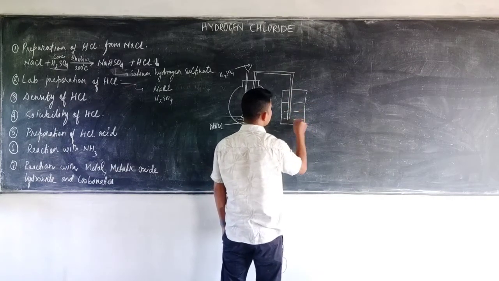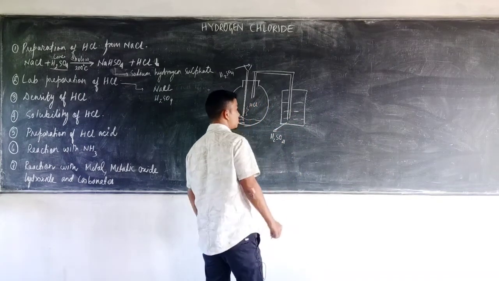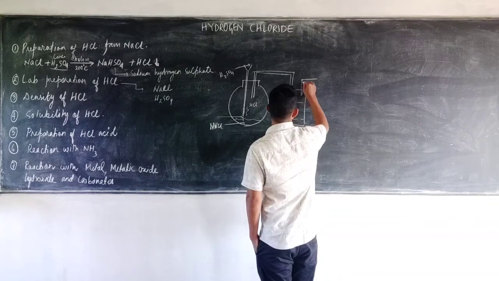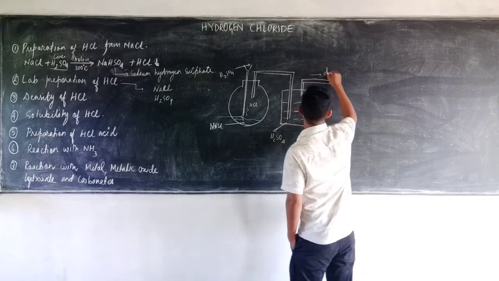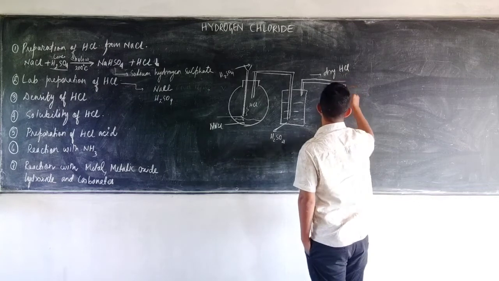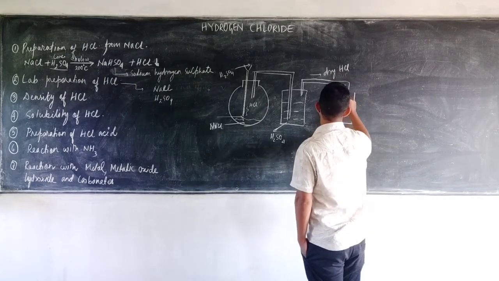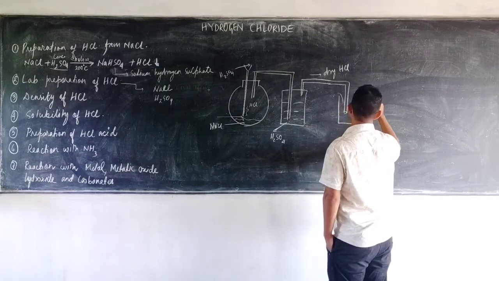So here we have sulfuric acid again, concentrated sulfuric acid acts as a drying agent, and then finally we obtain a dry HCl gas, which can be collected by the downward displacement of air. So here finally what we get? We get a dry HCl.